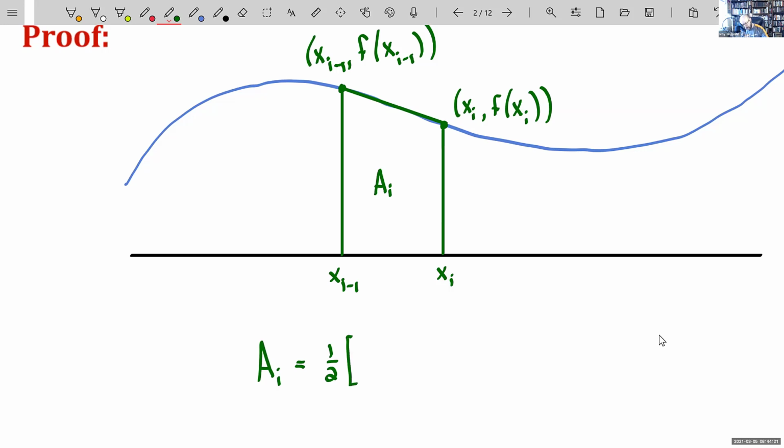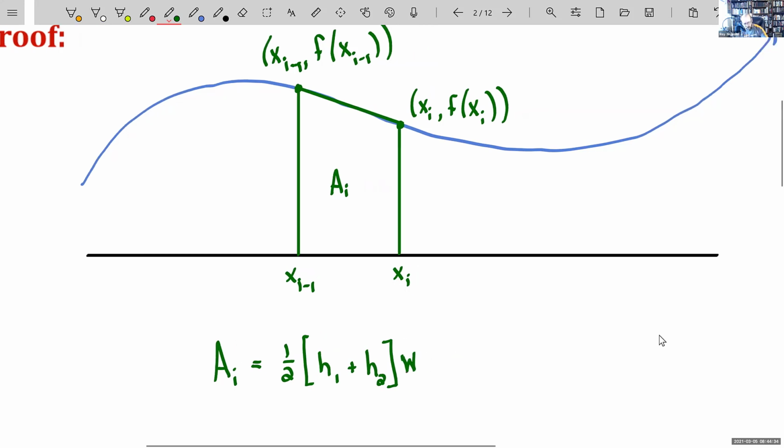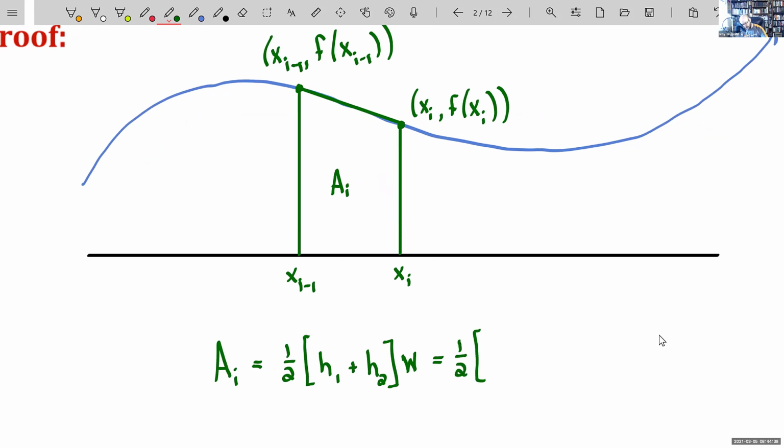It's 1/2 times height 1 plus height 2 times the width. But we know height 1, let's just call that, is f of x sub i minus 1. Height 2 is f of x sub i. And the width is delta x.